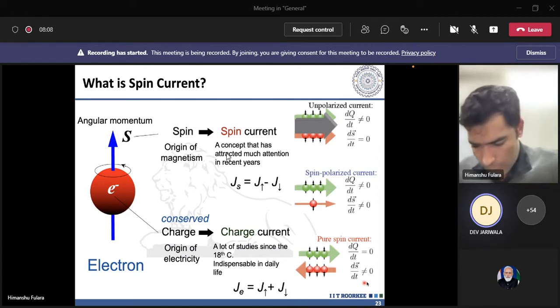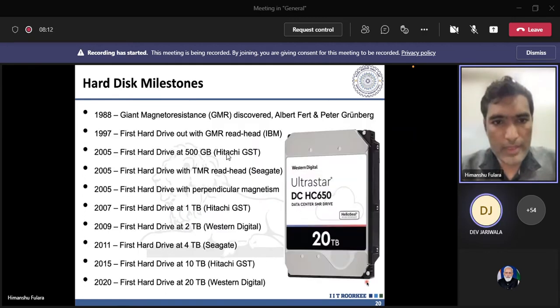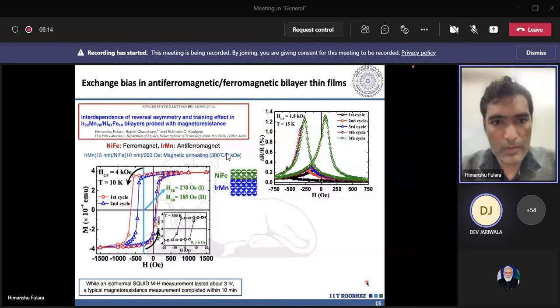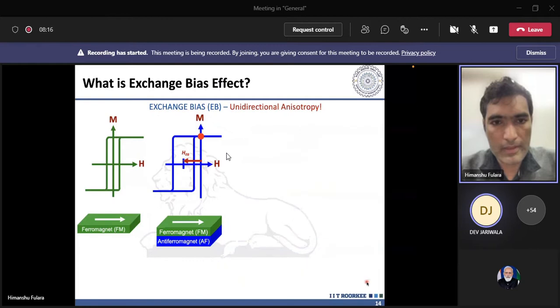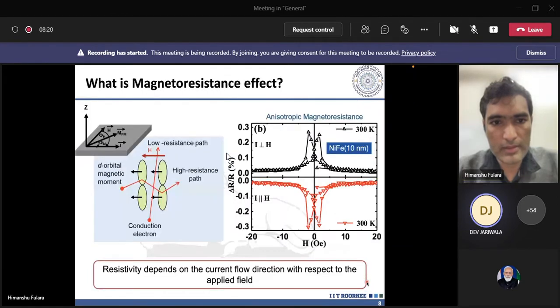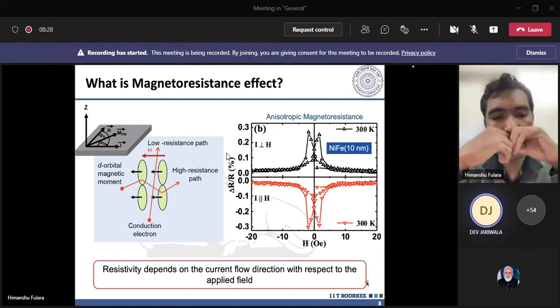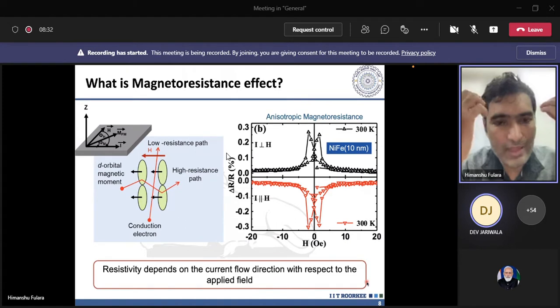Okay, so I think your problem is here, actually, when I explained this magnetoresistance part. Well, I did not say that there is no work here.